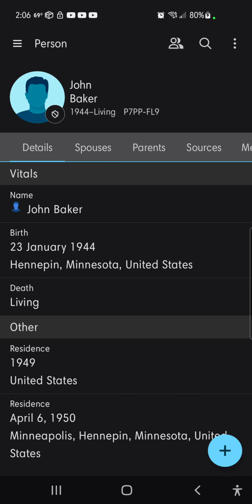Because FamilySearch assumes that a person can live to be 110. And the only way to handle that is to disprove it with a death record. So, right now, John Baker is alive as far as I know.